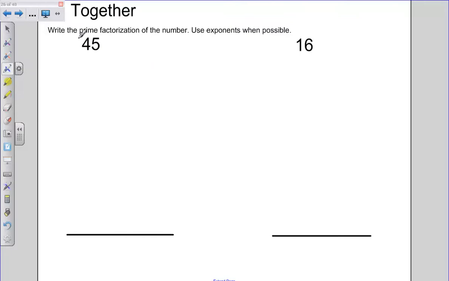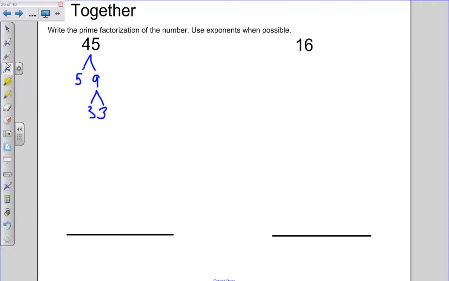Like I said, first thing we're going to do is write out the prime factorization, and so first step said to use a factor tree. So I'm going to make my factor tree for 45. 5 times 9 is 45. 5 is a prime number. 9 can be broken down into 3 times 3.